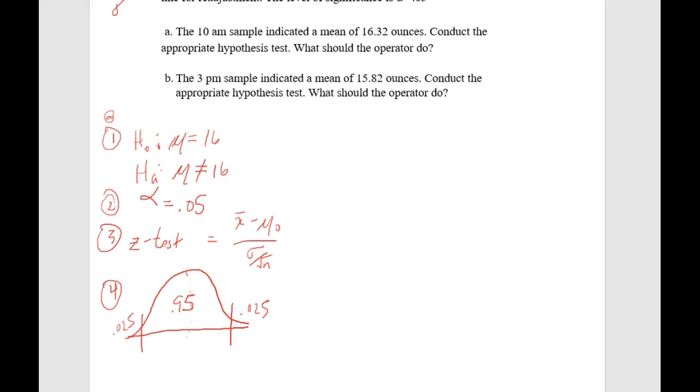Okay, so now what we need to do is find z-values that associate themselves with these spots on the curve. We did this in confidence intervals a bunch, so I'm not going to go over how to do this. I'll just quickly say we can find this z-value by looking on the table where 0.025 of the probability is below it, and this z-value by looking where 0.975 of the probability is below it.